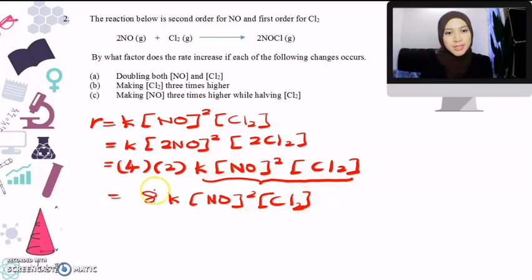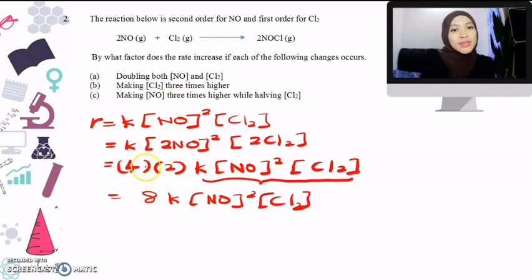So from this calculation, we can see that by doubling the concentration of both NO and Cl2, our rate of reaction will increase by 8 times. Okay, got it?